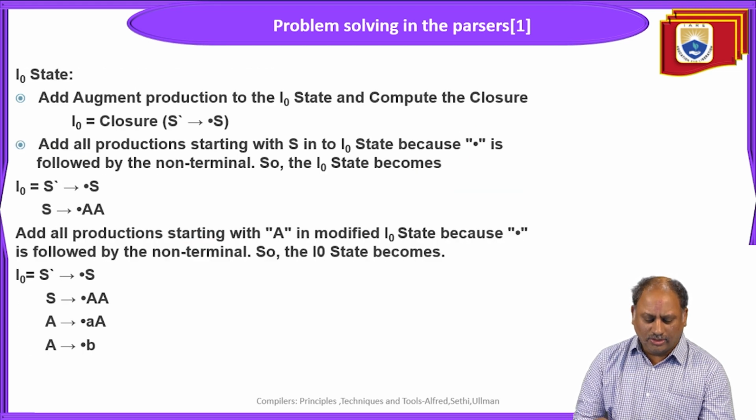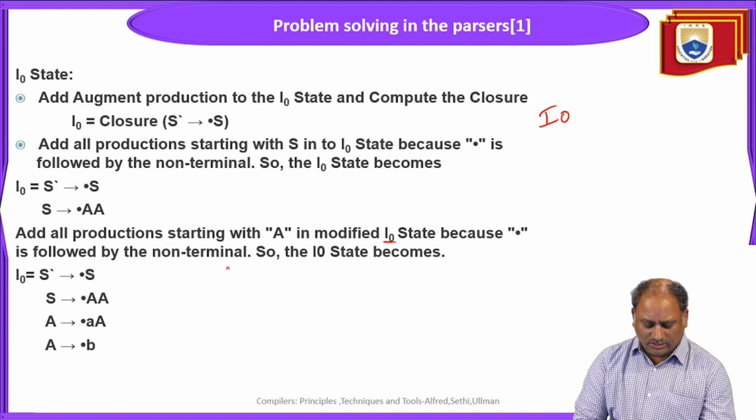Now we are going to find I0. First, what is the closure of this? For all productions where the dot symbol is followed by a non-terminal, we add all productions of that non-terminal to the modified I0 state.